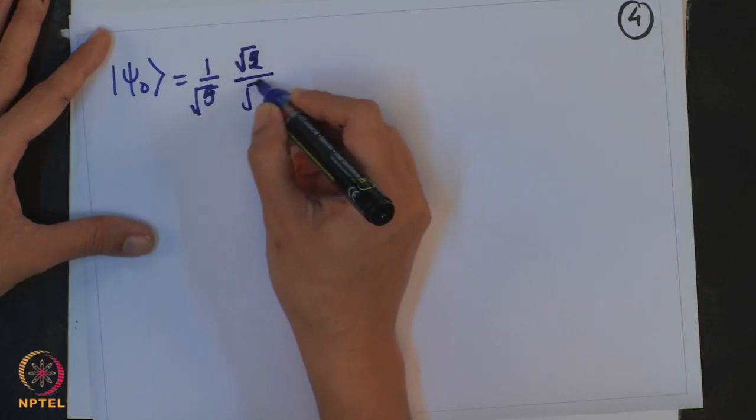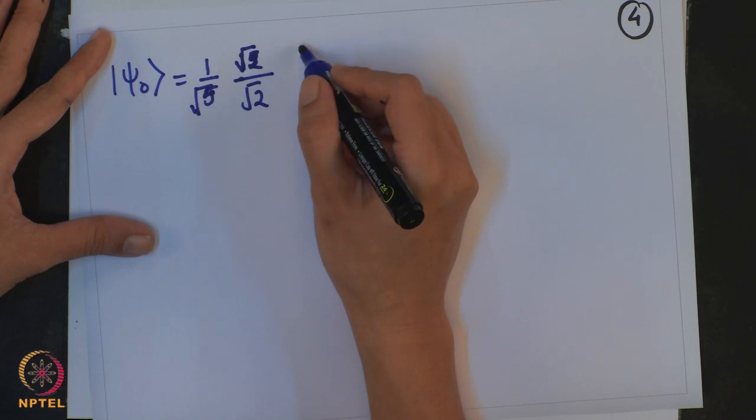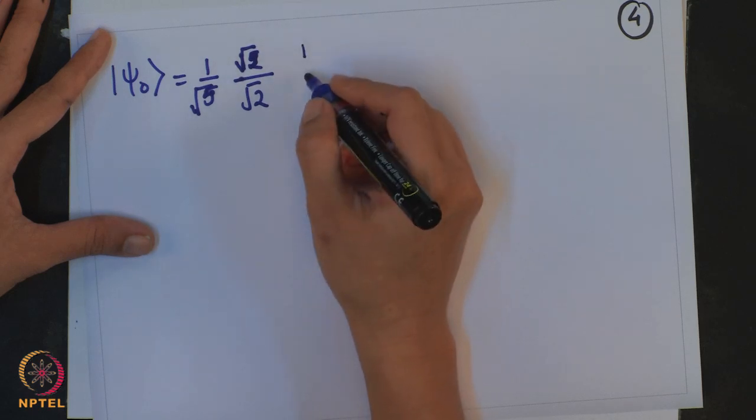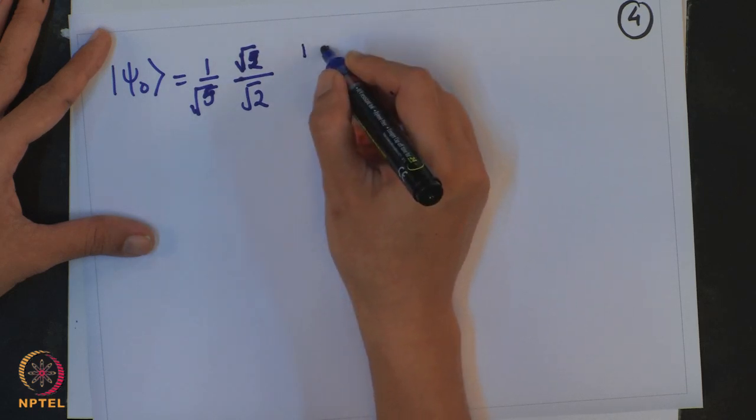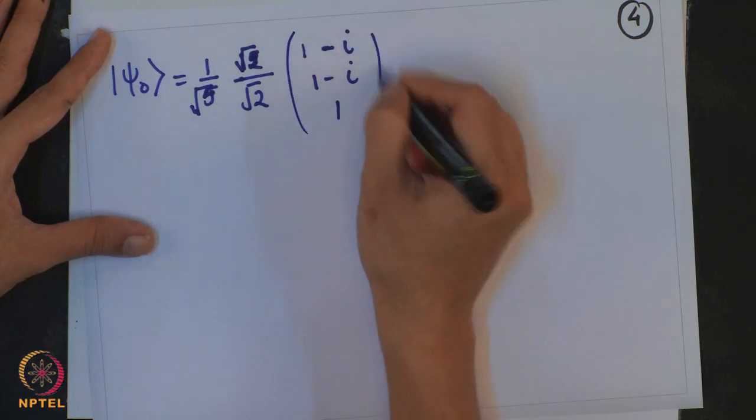I can write this as 2 by root 2, right, and I have (1 minus i, 1 minus i, 1). Okay.